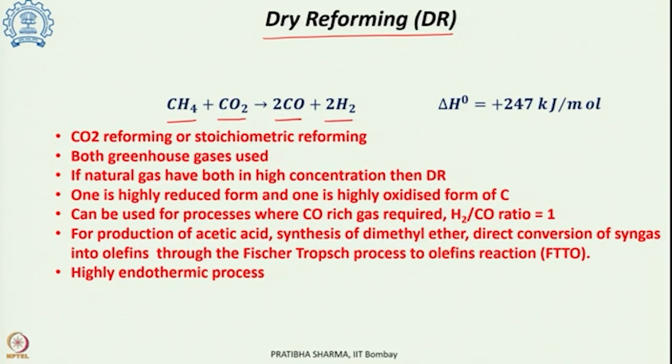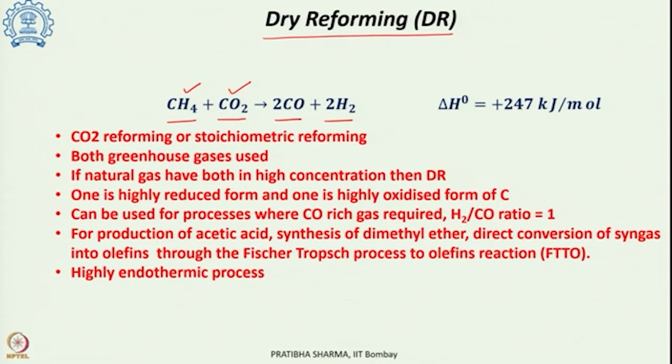The important thing here is that both the feedstock and oxidant are greenhouse gases. So if we use them, we are in fact reducing the carbon footprint. Or if the natural gas used for dry reforming has a higher CO2 content, rather than going for gas cleaning, it can directly be used for the dry reforming process.